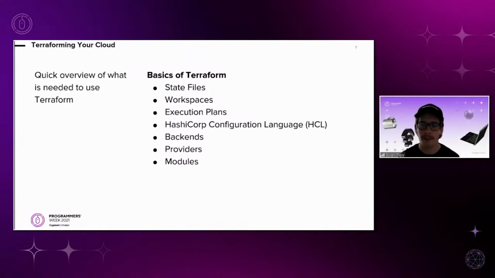There are other pieces out there that are bonuses or extras that you can do more with and provide more value, but from day one, this is what you would need to understand to get this up and running for yourself. So we have state files, workspaces, execution plans, the HashiCorp Configuration Language, otherwise known as HCL, backends, providers, and modules. And like I said, that's kind of the base of what you'll need to know.